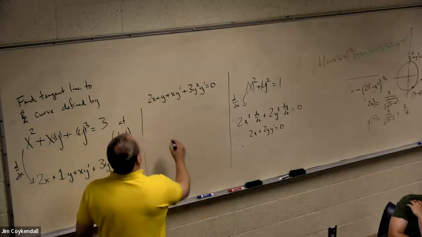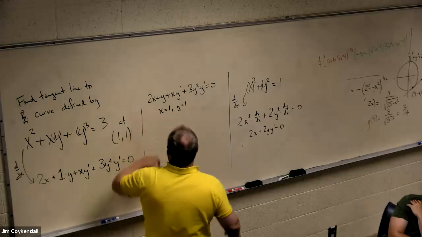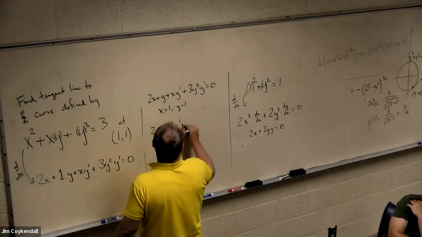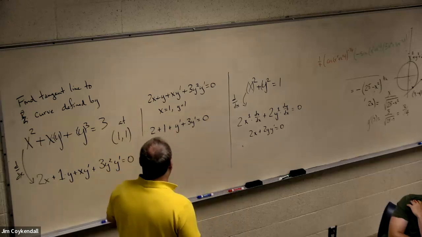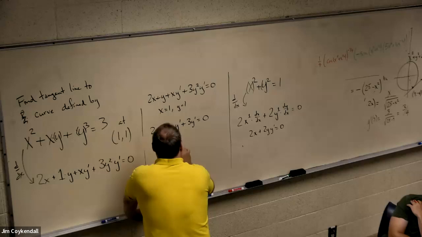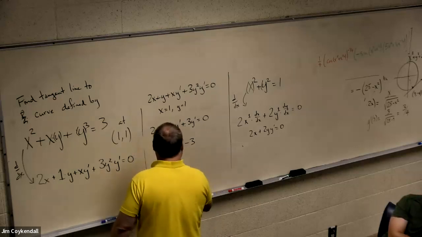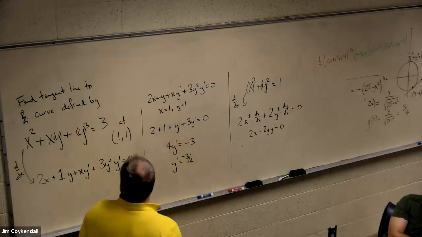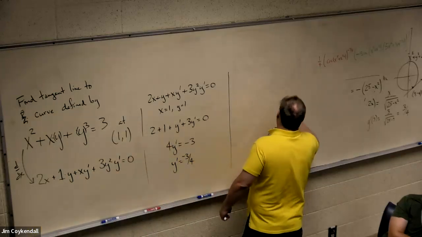Now plug in x and y equal to 1 and see what happens. 2 plus 1 plus y prime plus 3y prime equals 0. And this allows me to solve: 4y prime is -3. Y prime is -3/4.